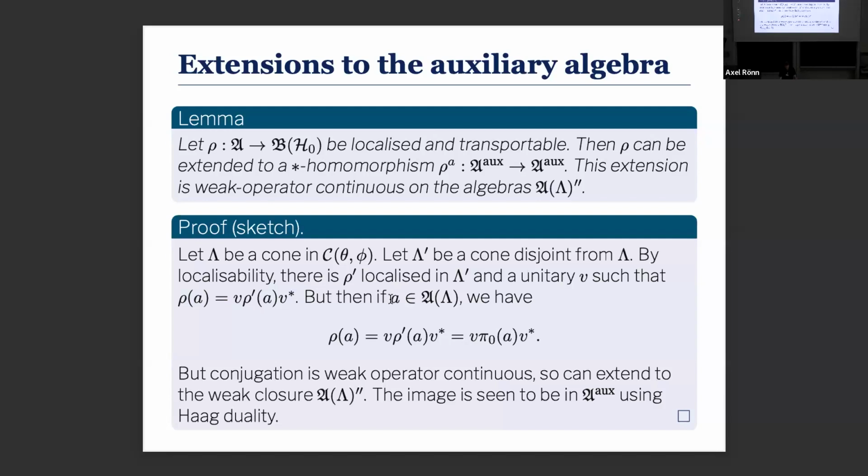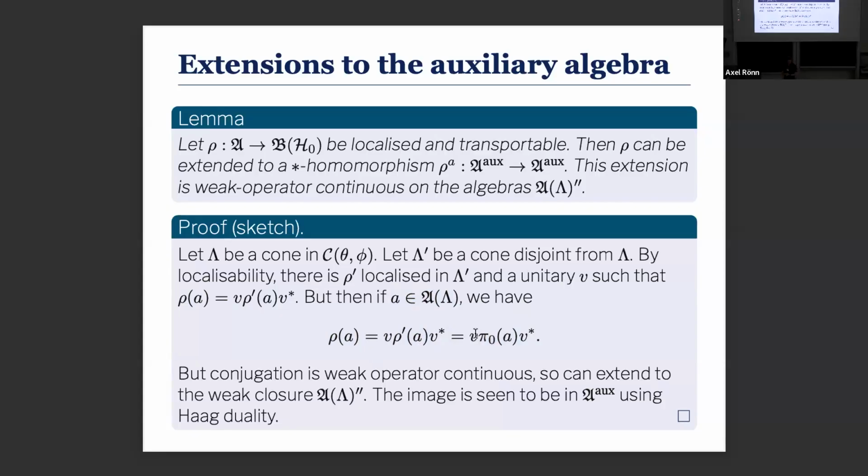But then if A is in my cone, then rho of A is by definition a unitary conjugation, but by localizability, this is equal to pi zero of B.